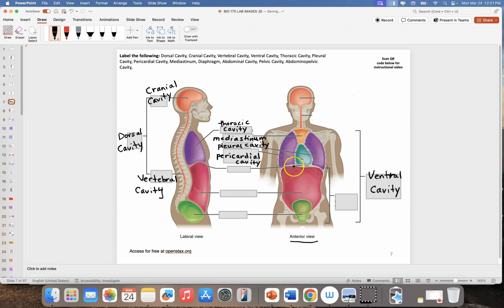We then have a separation between the thoracic cavity and our lower body cavities, our abdominopelvic cavities, and they are separated by the diaphragm.